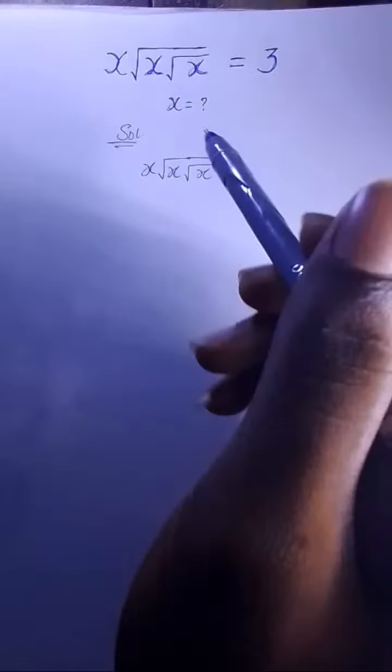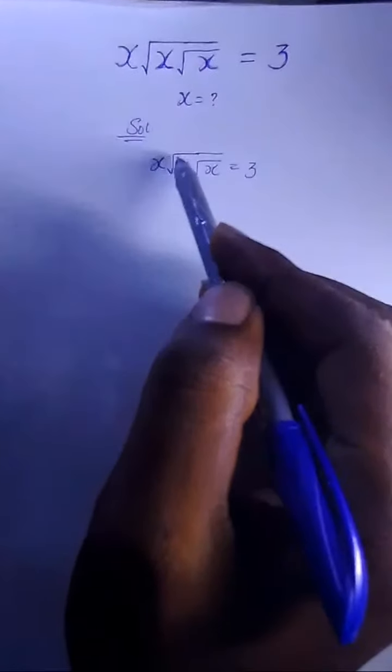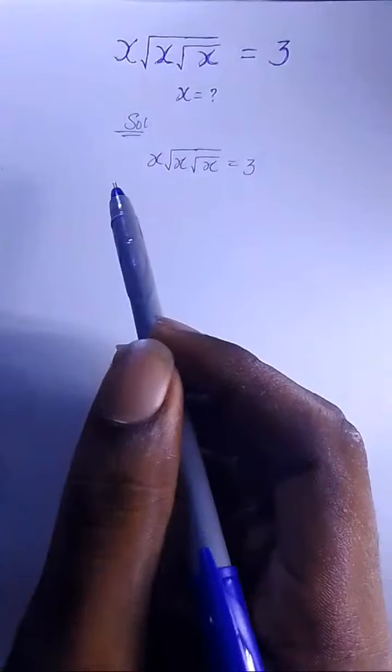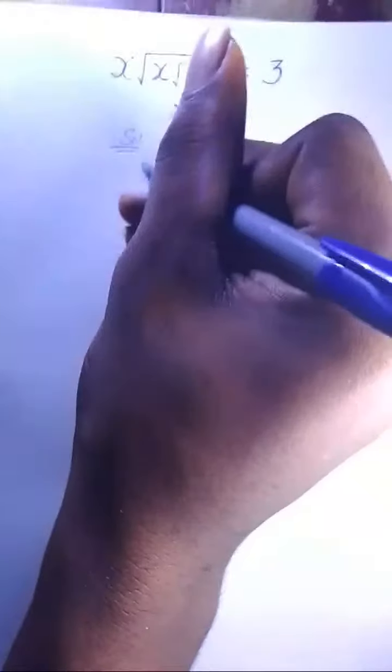So the first method is getting rid of all these square roots by square rooting both sides. So let's go.